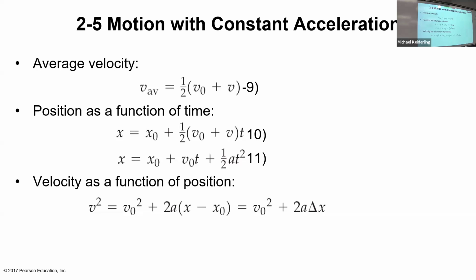The other way you can generate the same equation is by taking the antiderivative of acceleration twice, if you want to do it the calculus way. But this is how to do it with algebra.